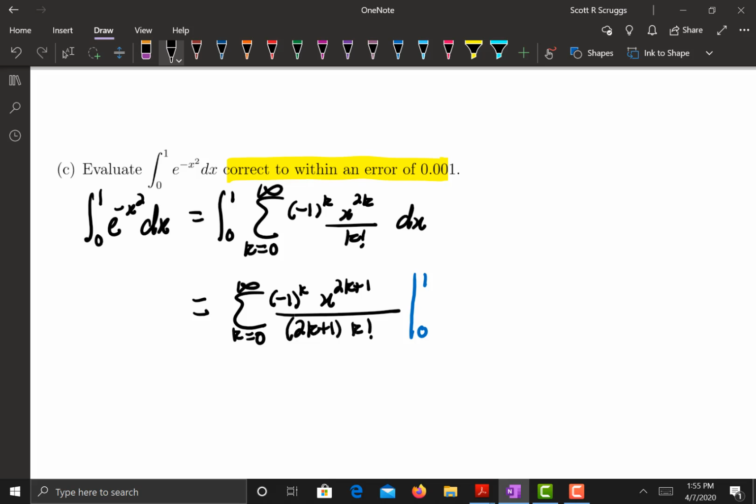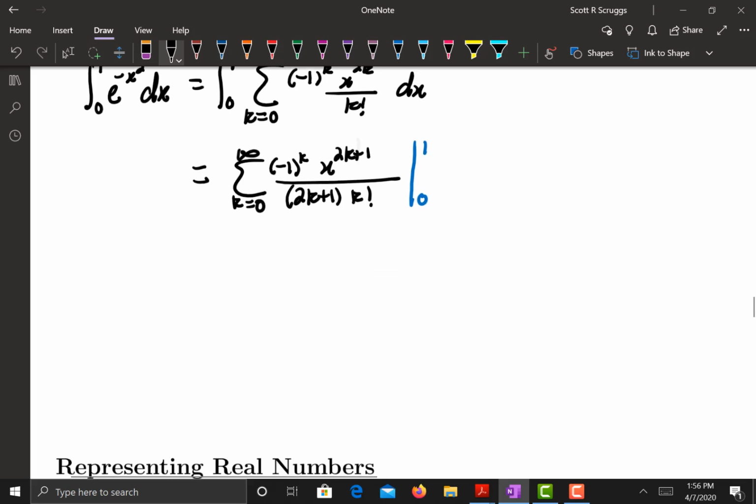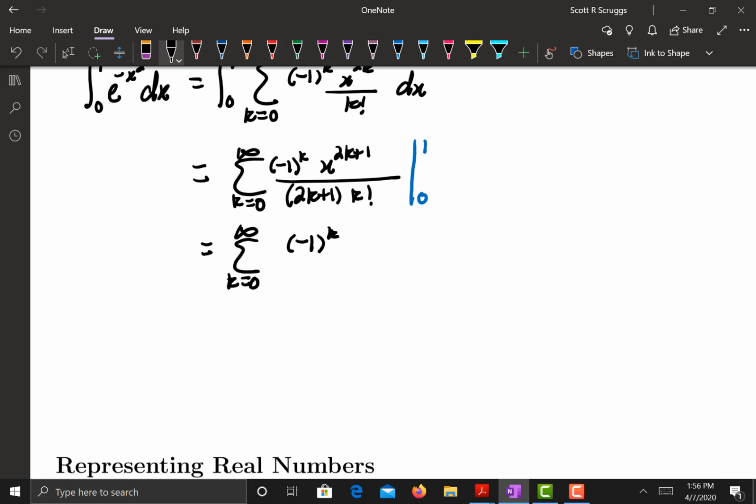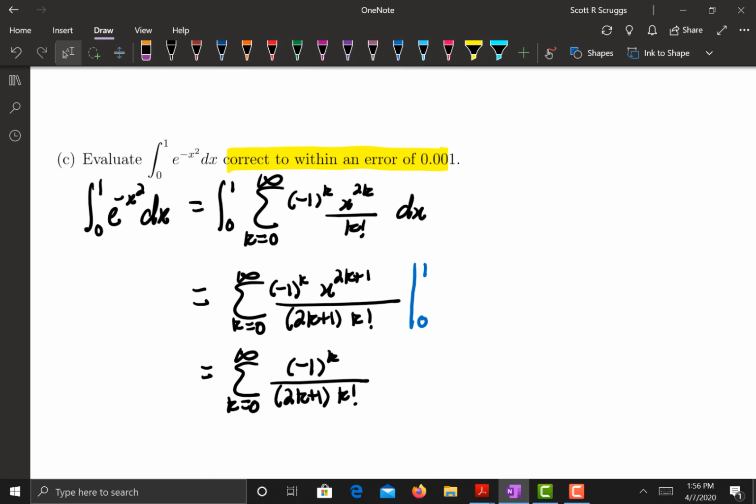So, with that, this now breaks down into the sum from 0 to infinity of negative 1 to the kth power over 2k plus 1 over k factorial. So I found what the integral from 0 to 1 of e to the negative x squared is with respect to a power series.